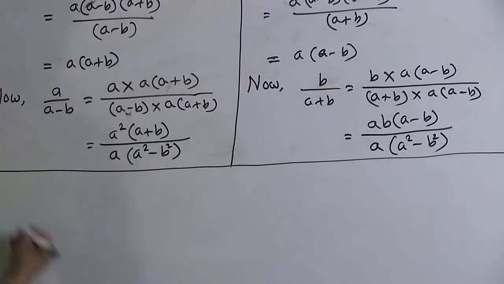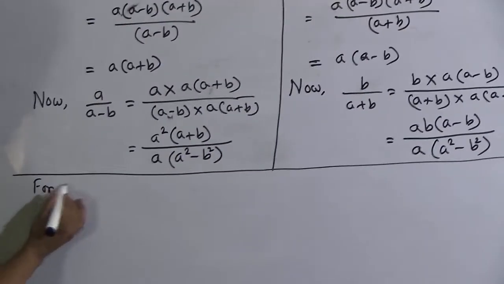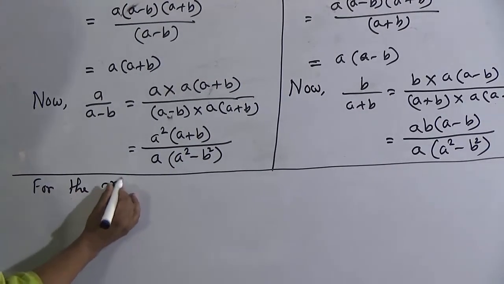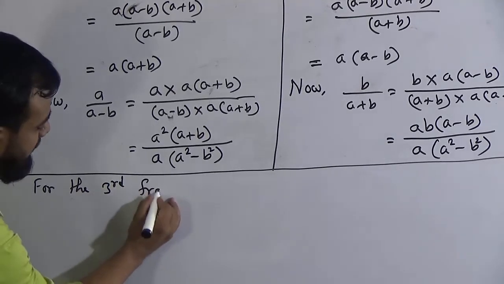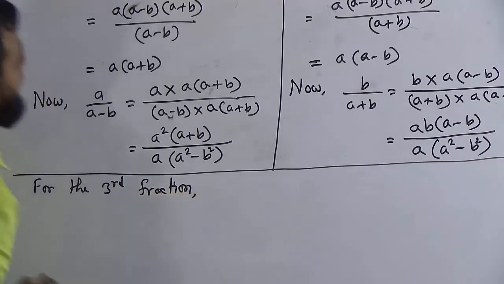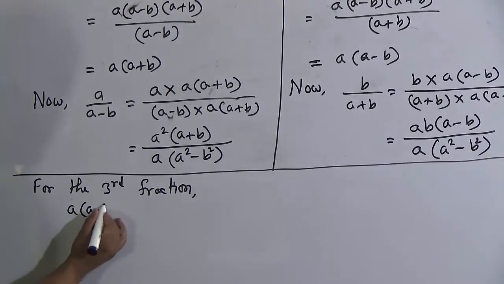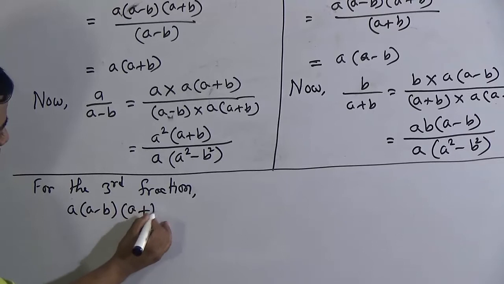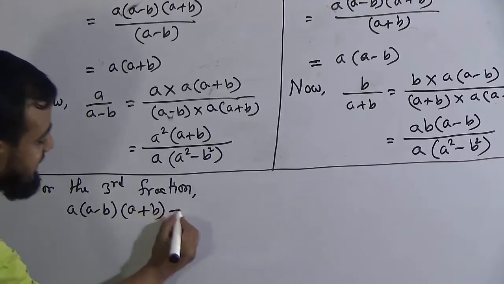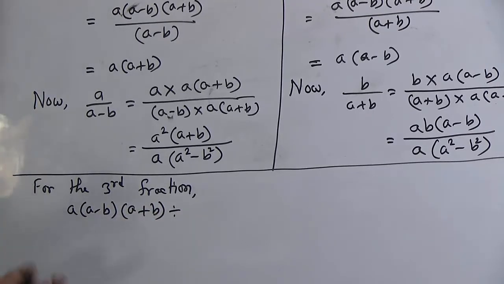Now I am going to solve the third one. For the third fraction, we need to divide the LCM, a into a minus b into a plus b. This is the LCM. We need to divide this LCM by the third fraction's denominator.